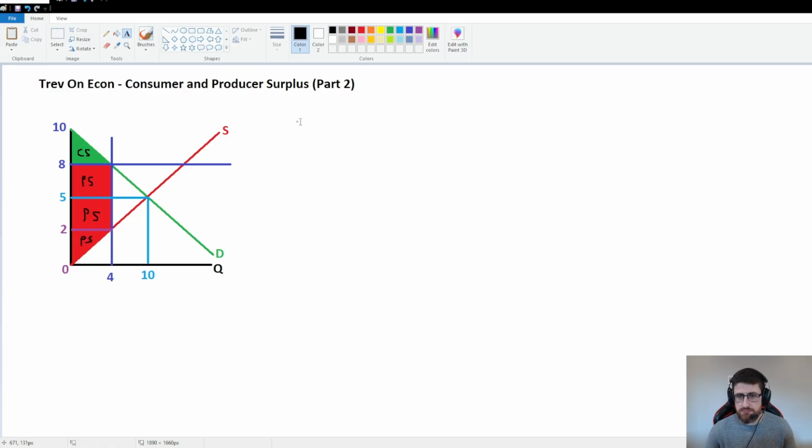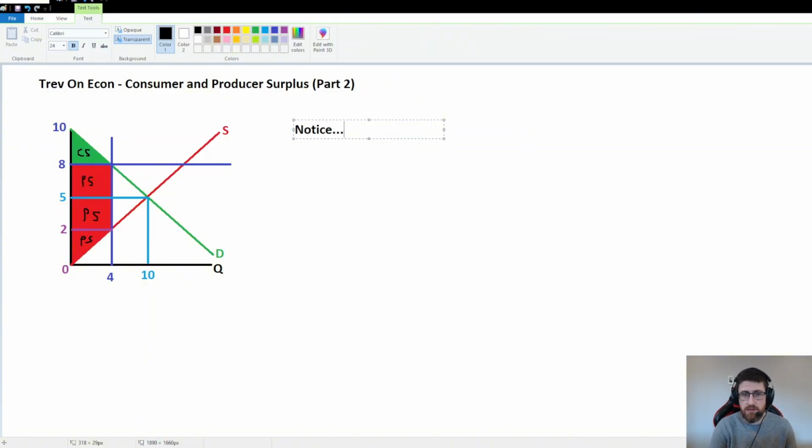Now notice, CS and PS no longer fill out the entire triangle, right? We now have this blank area, these 2 blank triangles that basically aren't being taken up by anyone.